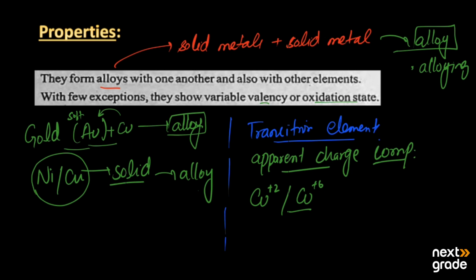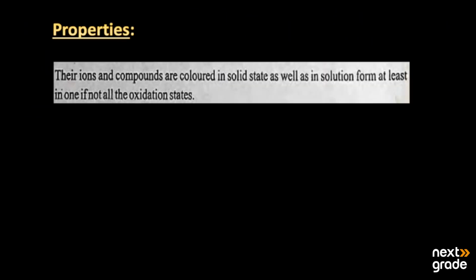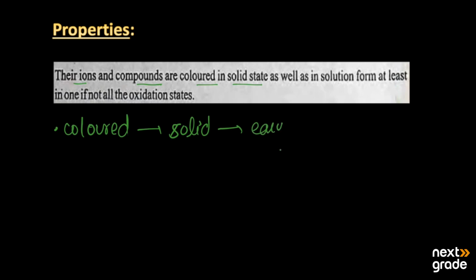On the other hand, the last property of the transition elements is that their ions and their compounds are colored in the solid state. This is a very important property of the transition elements. So it is very easy to identify the transition elements, because from their specific color we will be able to judge which transition element is present.